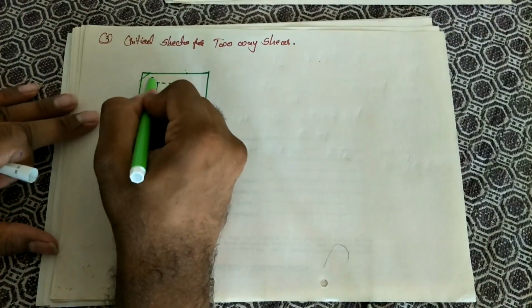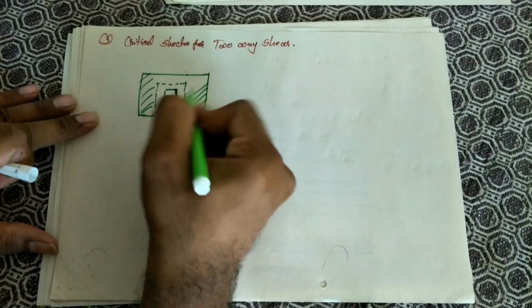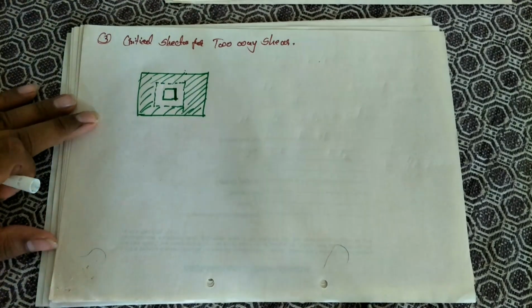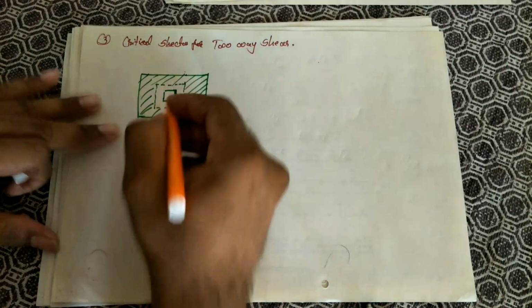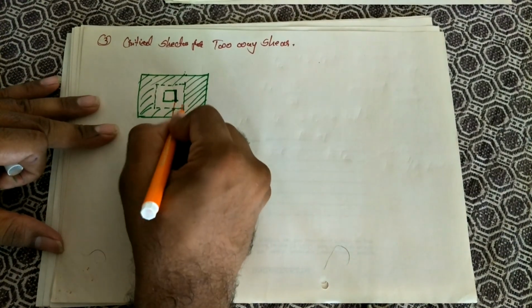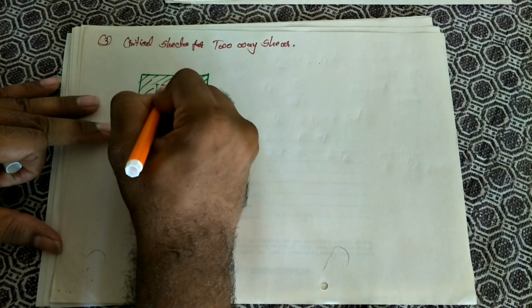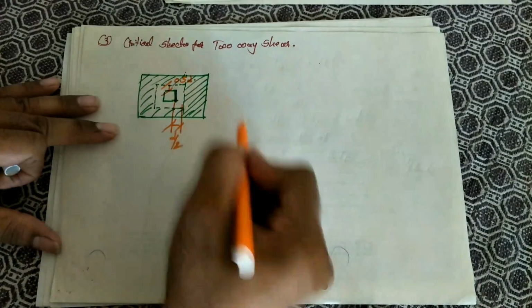So this is the total hatched area. This d by 2 distance is the value 0.5 d, or you can say it is d by 2, that whole distance.